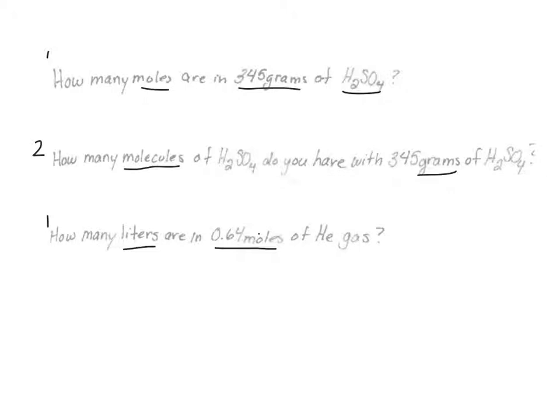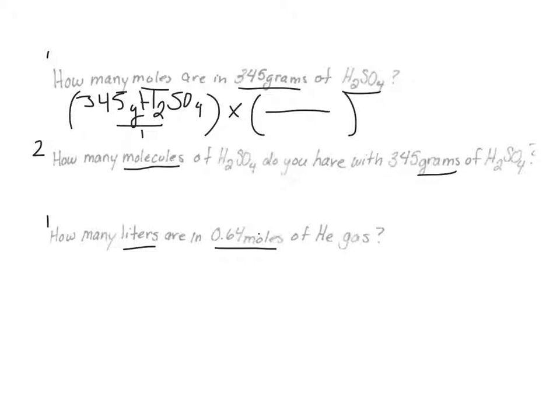We'll start with the first one here for my sulfuric acid. I've got 345 grams of H2SO4, and remember that is over 1. I want to go to moles, so I know that I need to get 1 mole on top. And how do I get rid of grams? I have to use molar mass, which we did on the first page, and that was 98.07 grams of sulfuric acid per mole.